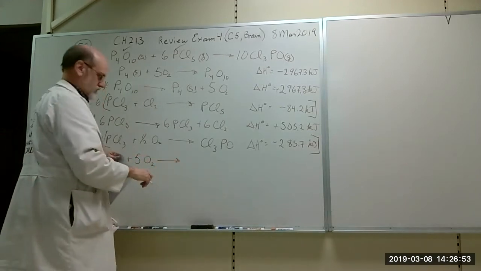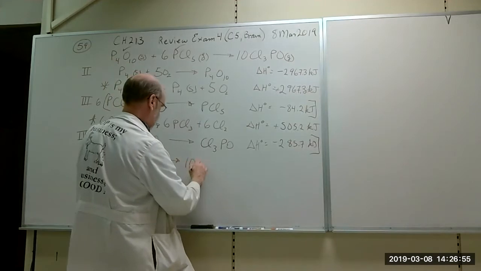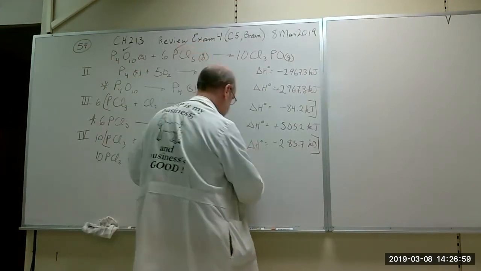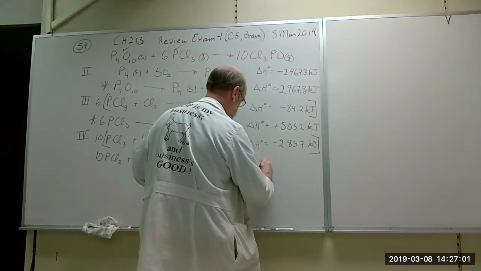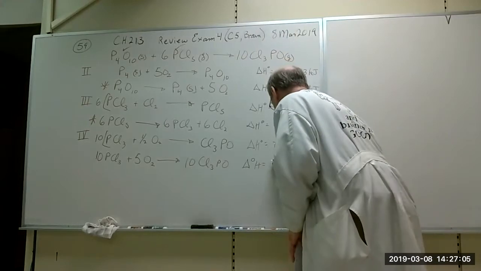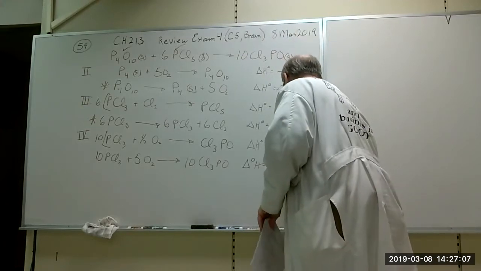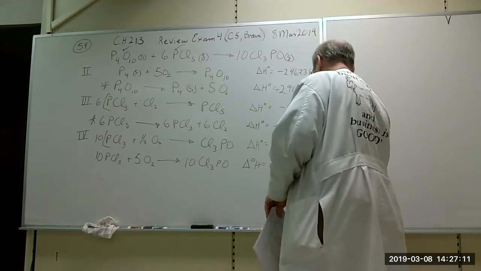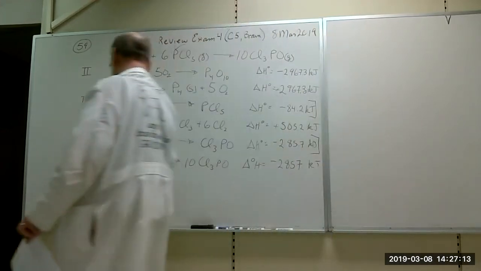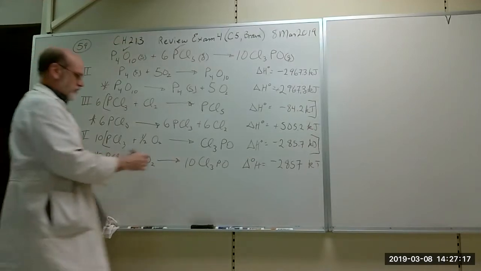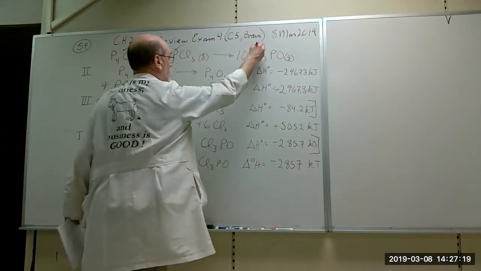That was a trick question. 5 O2 yields 10 Cl3PO, and then 10 times this one, which would be, still minus, because we didn't flip this one, 2857 kilojoules. Okay? We're going to use that one. So that covers this.